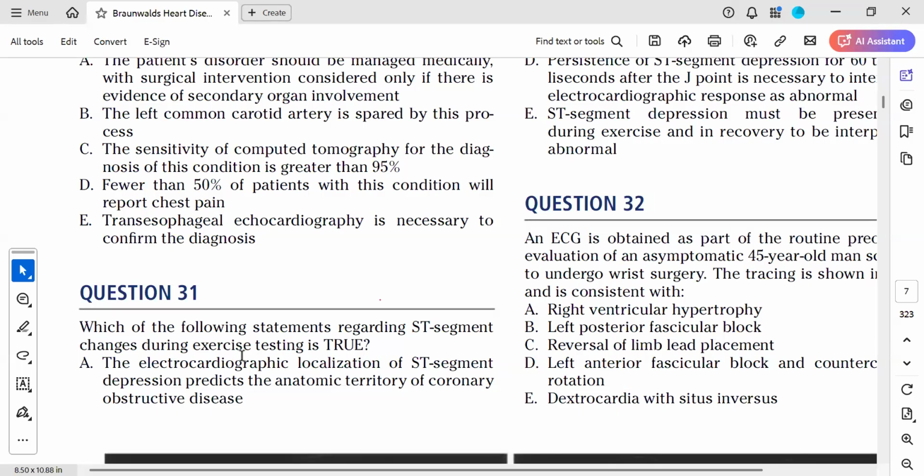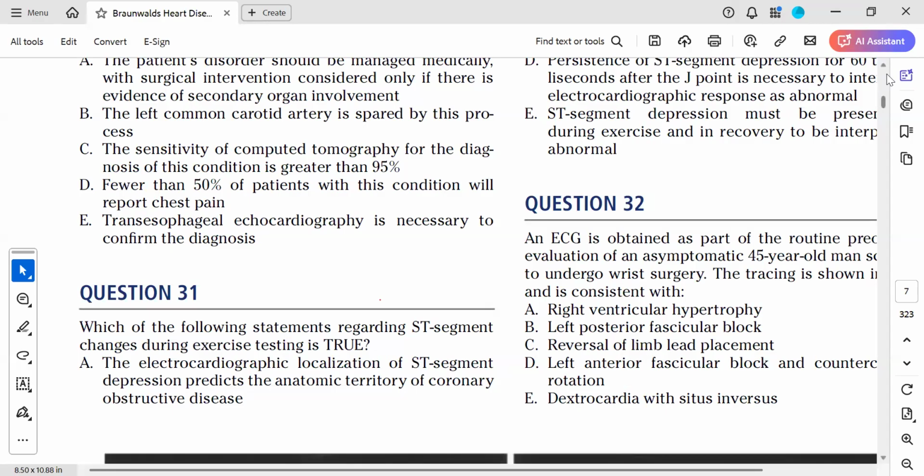The question starts with: which of the following statements regarding ST segment changes during exercise testing is true? A, the electrocardiographic localization of ST segment depression predicts the anatomical territory of coronary obstructive disease.